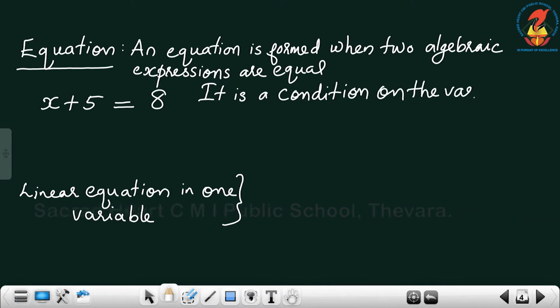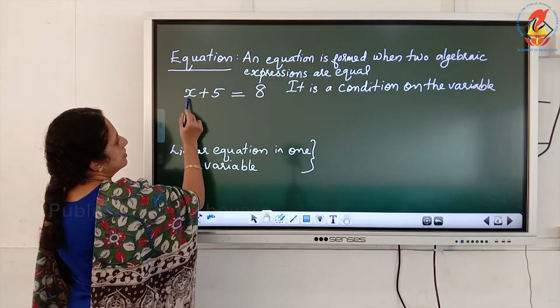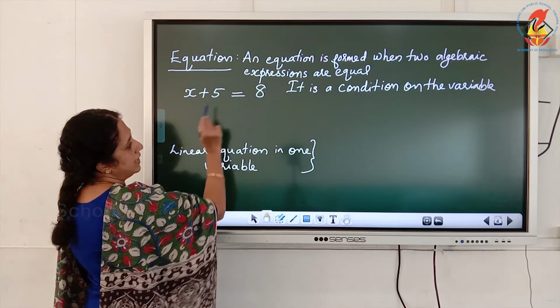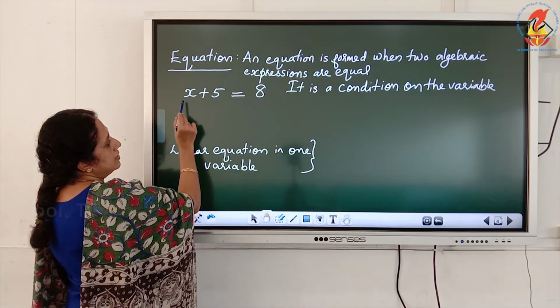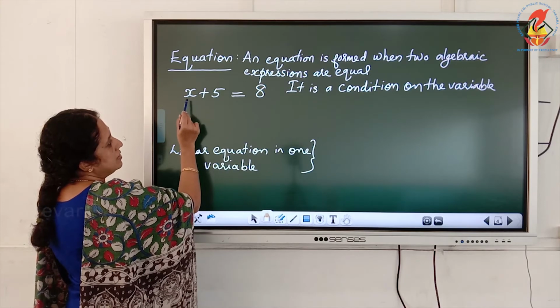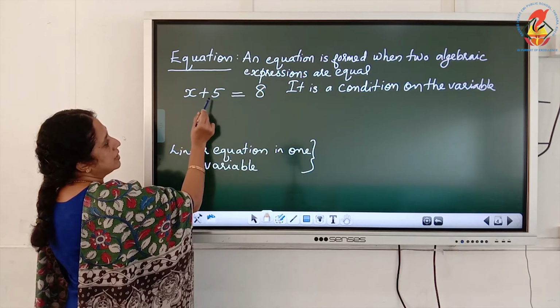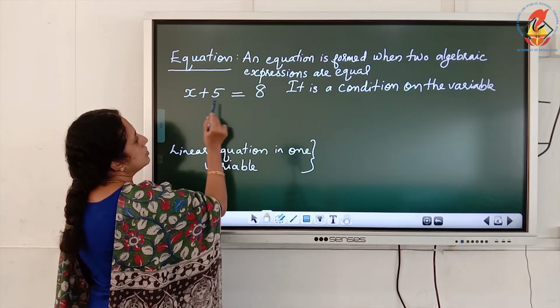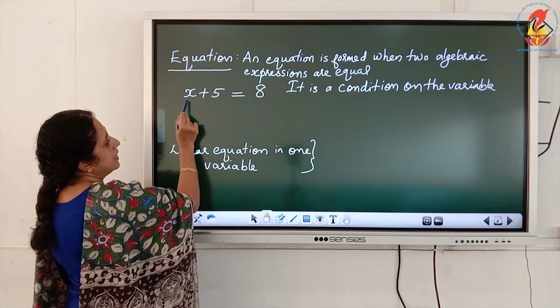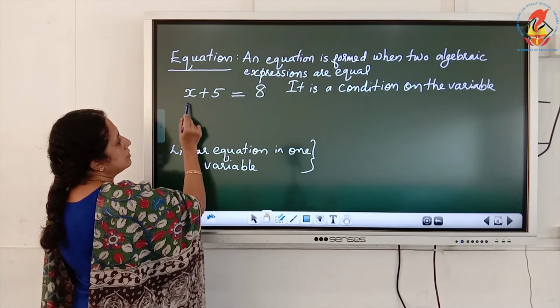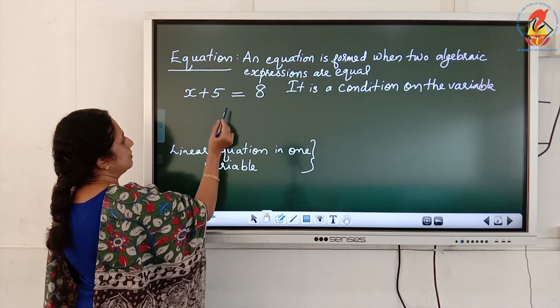What is the condition here? When x is equal to 3, 3 plus 5 is equal to 8. So that is a condition on the variable. x can take only one value. What is that value? x is equal to 3.